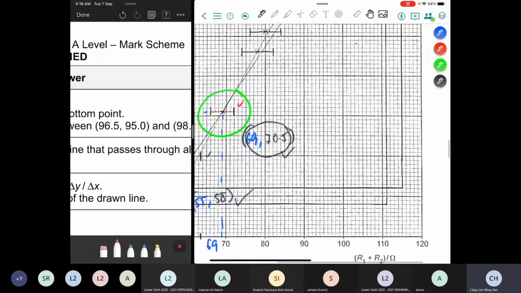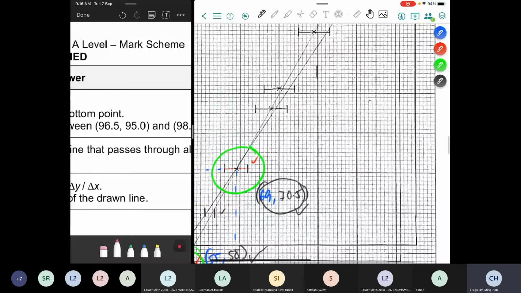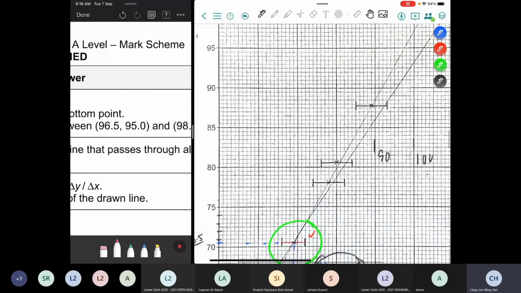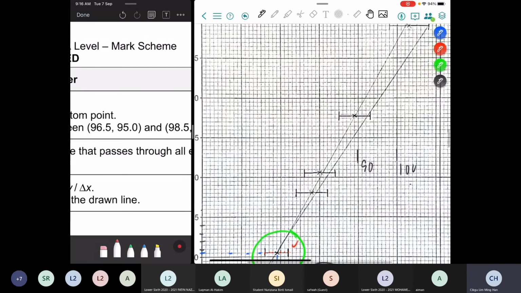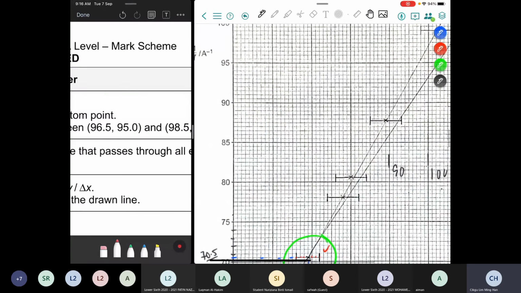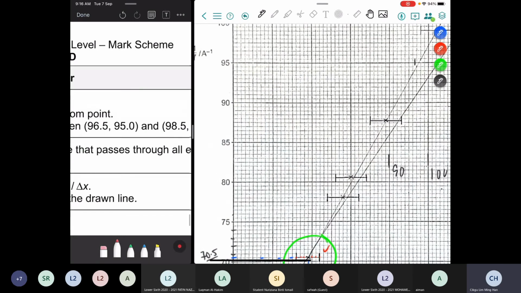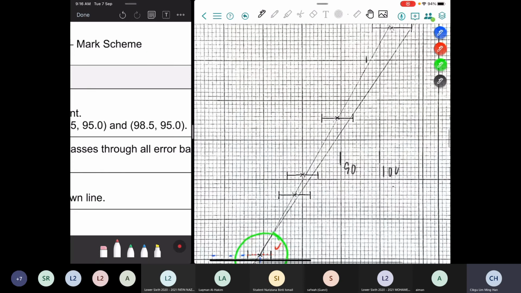Then it has to pass between the next one. 90, sorry, I need to write down here. So this one is a 90 line. This one is a 100. All right. 95, 96.5, sorry, 96.5, 95. So here, 96.5 is here, 95. 98.5, so 98.5 will be somewhere 98, 99, 98.5, yeah.